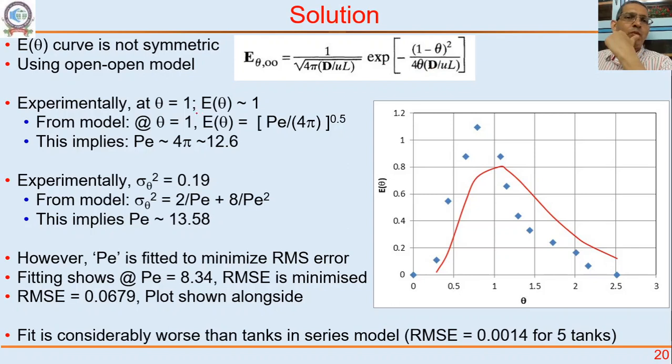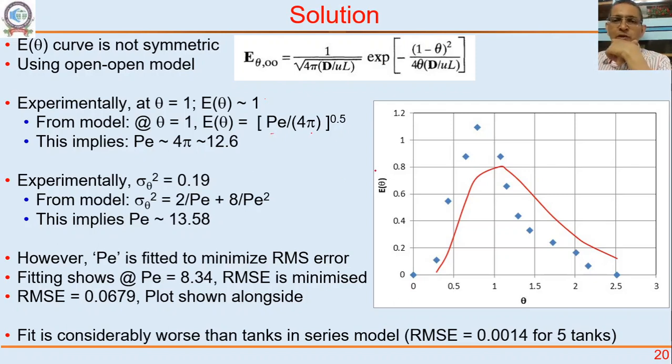At theta equal to 1, E theta should be nearly 1, right? And then if theta is 1, this is e raised to 0. So e raised to 0 is 1. So E theta would be Peclet number divided by 4 pi.